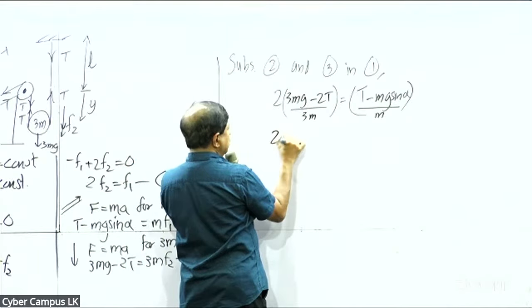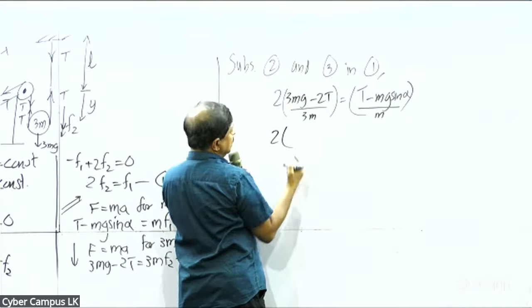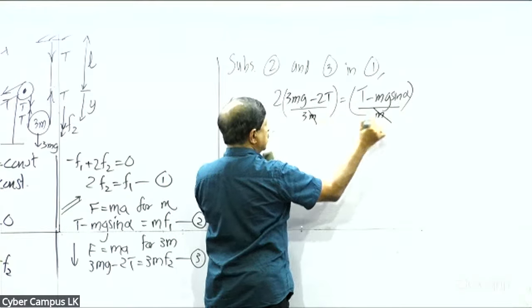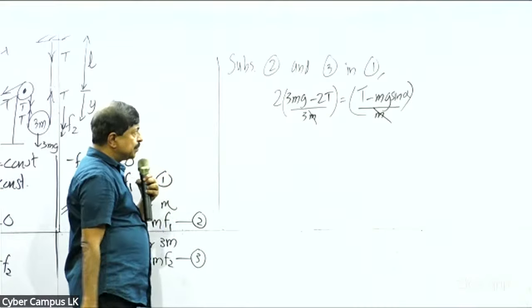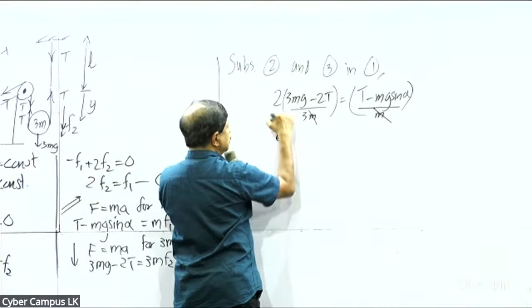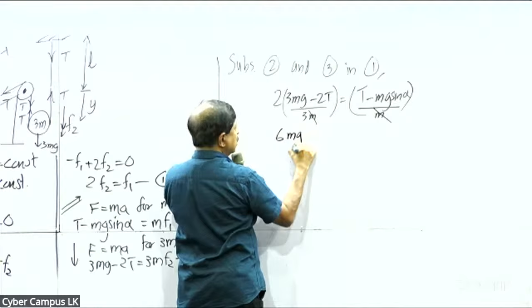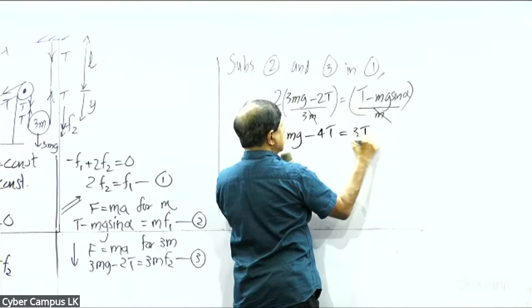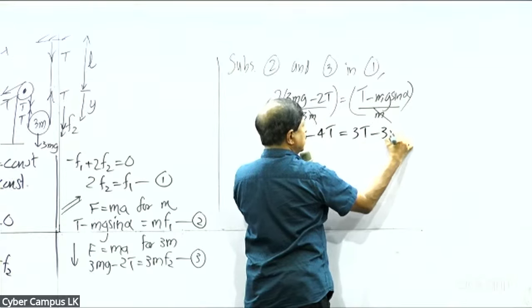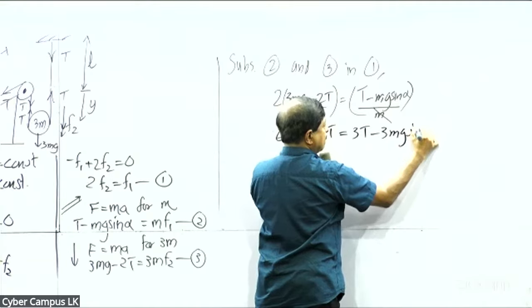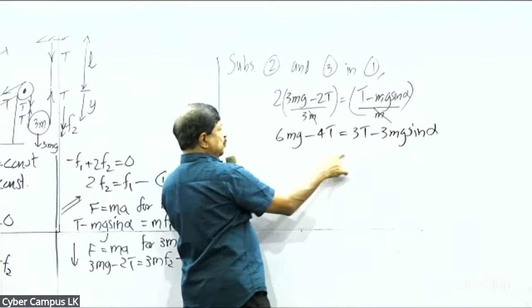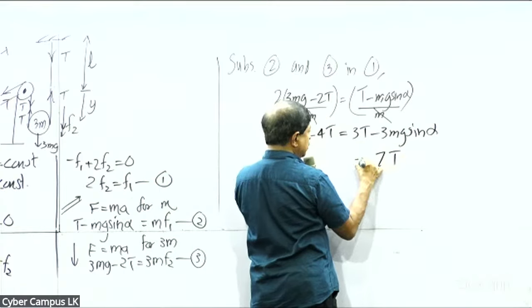Here you don't have to divide by m, we'll multiply it by m. Now cross multiply. This is 6mg minus 4T. Here you multiply it by 3: 3T minus 3mg sine alpha. So if you add this up, it will be 7T.